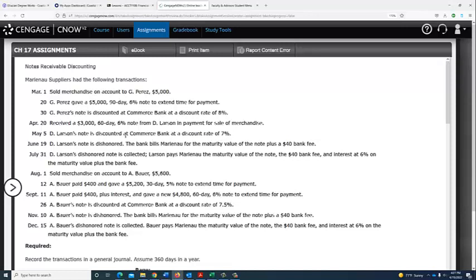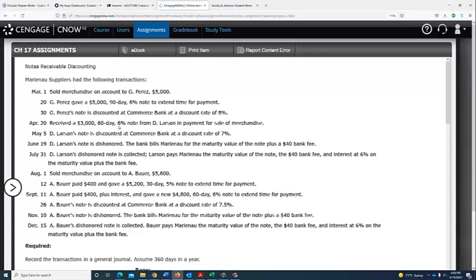Once again, we need to know the maturity value and the discount days. We'll start with the maturity value. The interest on that note is $3,000 times 6% times 60 divided by 360. So the interest is $30, so our maturity value is $3,030.